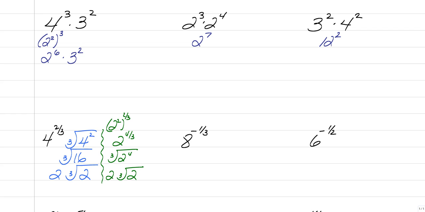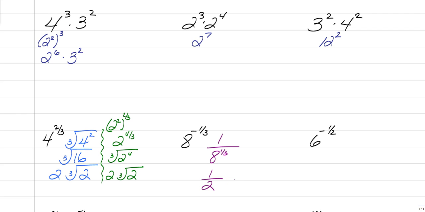Okay? Remember, negative exponents are reciprocals. Again, you could change that to 2 cubed, and then you would just have 2 to the negative 1, which would just be 1/2. But let's pretend you didn't recognize that. The first thing you should do is take the reciprocal, so that's 1 over 8 to the 1/3 power. And then we would write that as the cube root, or if you're slick enough by now, we know that 8 to the 1/3 is 1/2.